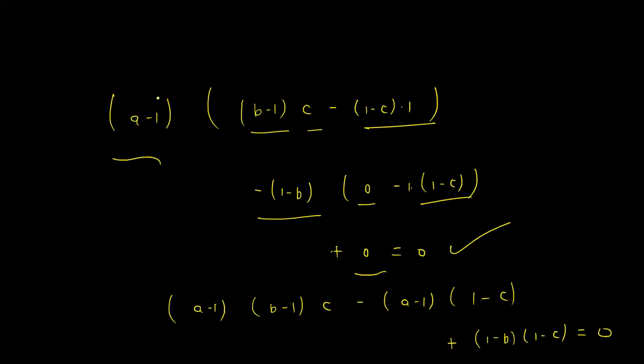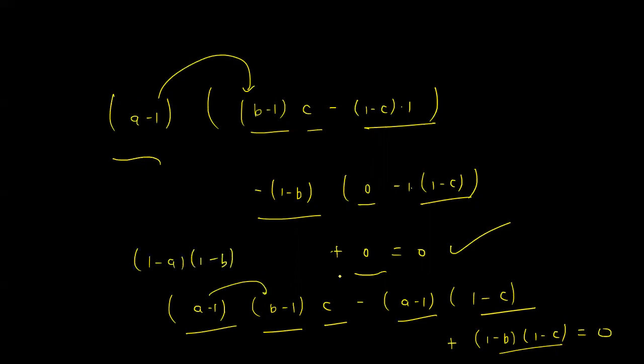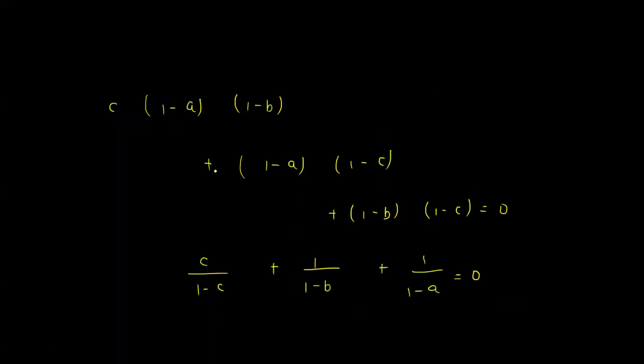So if we multiply inside, a minus 1 times b minus 1 times c, a minus 1 times 1 minus c, and 1 minus b times 1 minus c, this sum is 0. So we can write this in this way, 1 minus a times 1 minus b, and this a minus 1 as 1 minus a with a minus sign outside. So this will become minus minus plus.